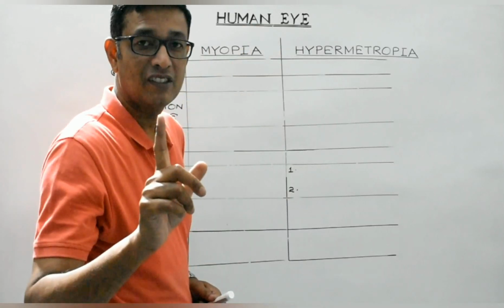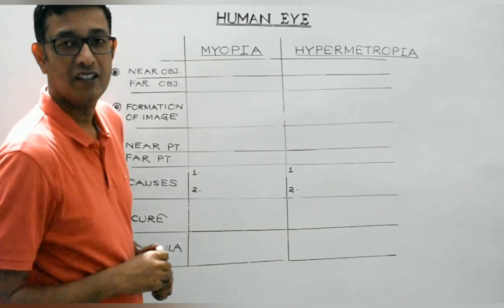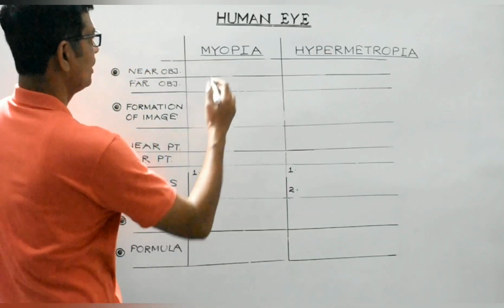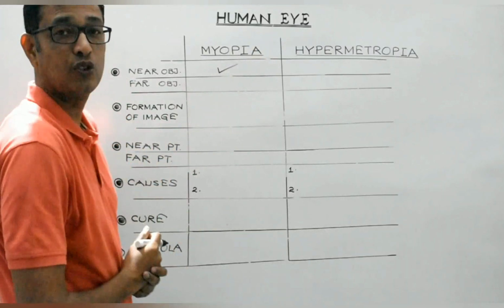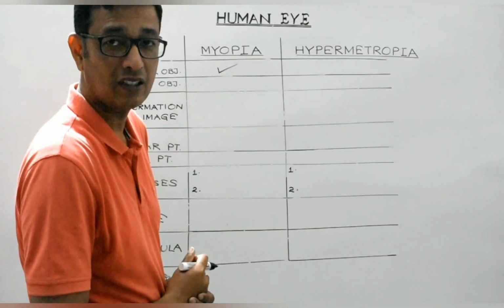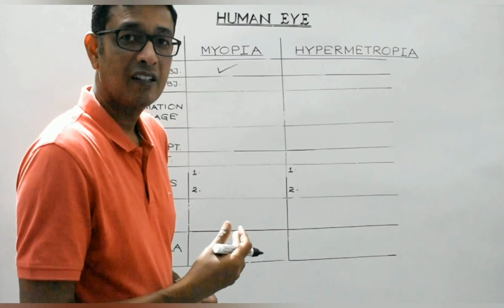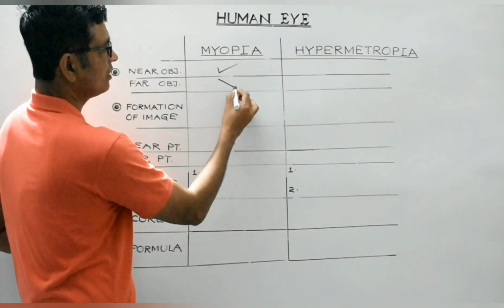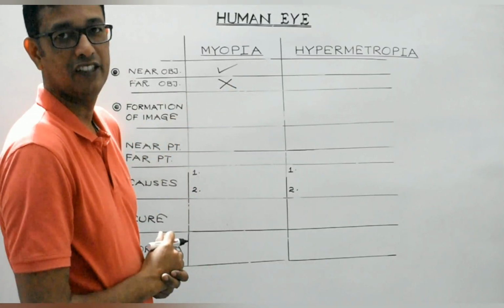We have discussed, in the case of myopia, a person is able to see clearly the nearby objects. But a myopic eye cannot see clearly the distant objects. So far away objects, he is unable to see clearly.